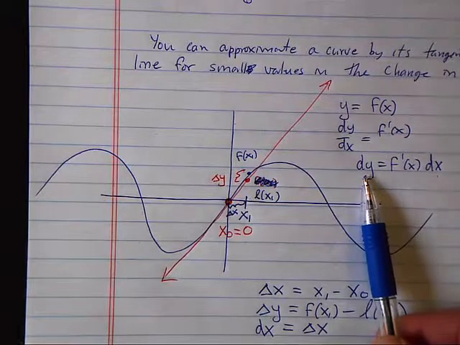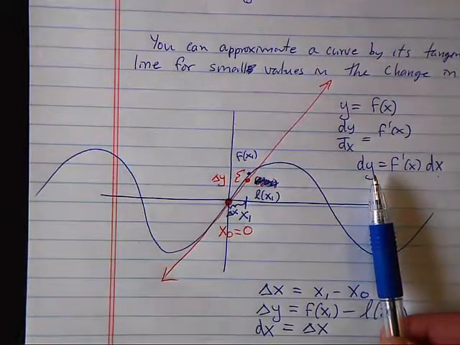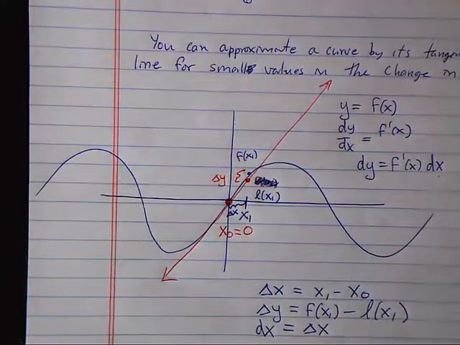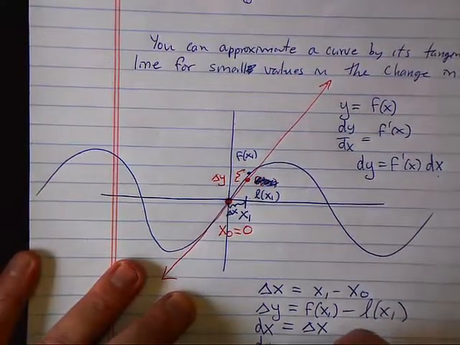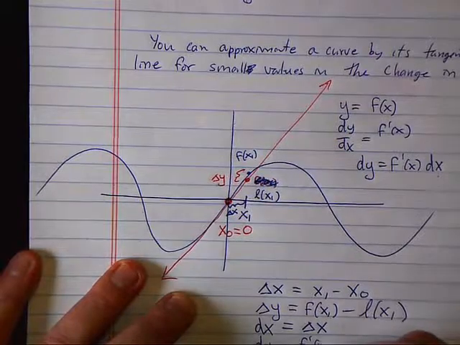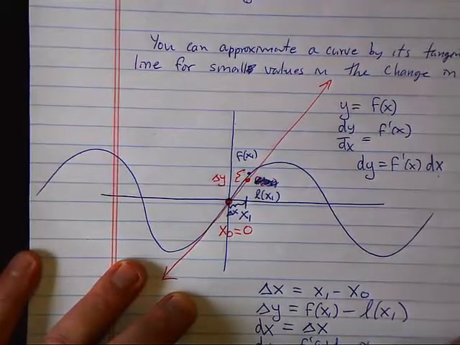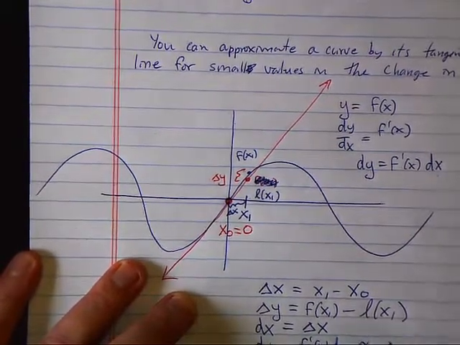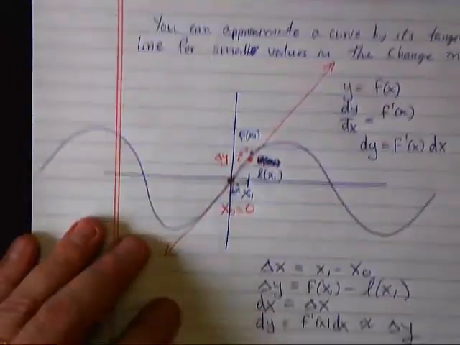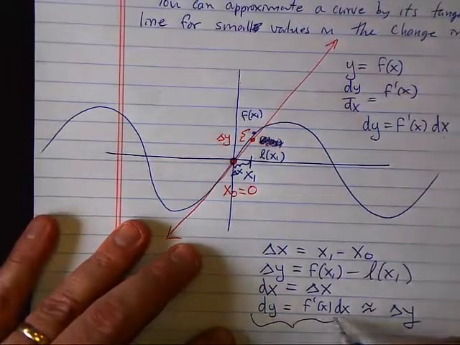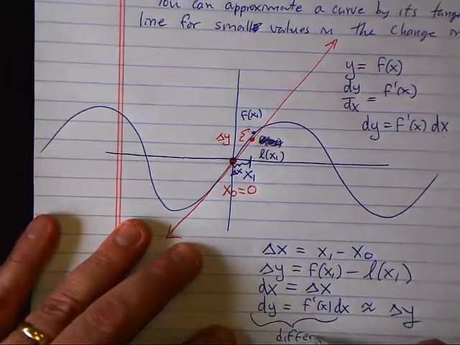It doesn't give you delta y, but it gives you something very, very close to delta y. So dy is f prime of x dx, which is very close to delta y. And this is called the differential approximation.